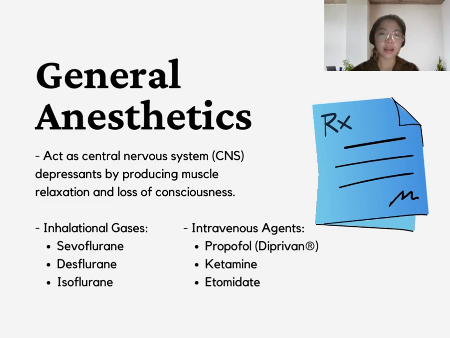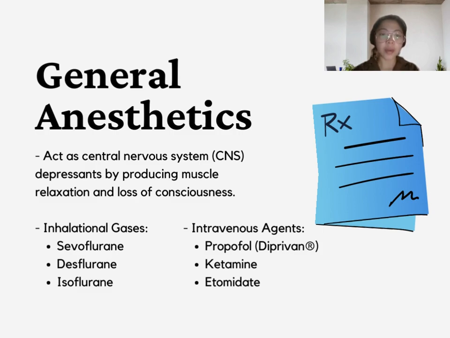General anesthetics act as central nervous system depressants by producing muscle relaxation and loss of consciousness. These medicines stop the brain from responding to sensory messages traveling from the nerves inside the body. Unconsciousness caused by general anesthesia is different from a natural sleep.